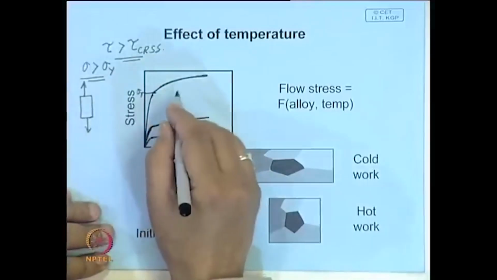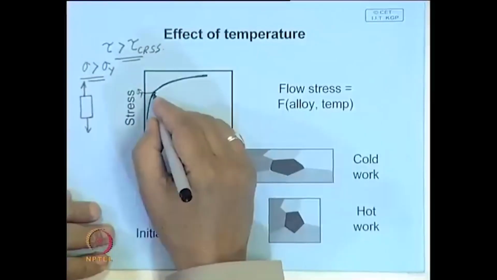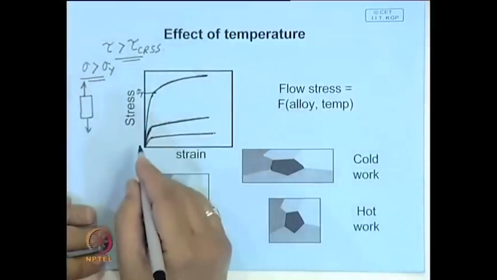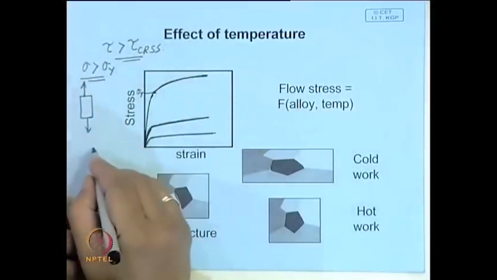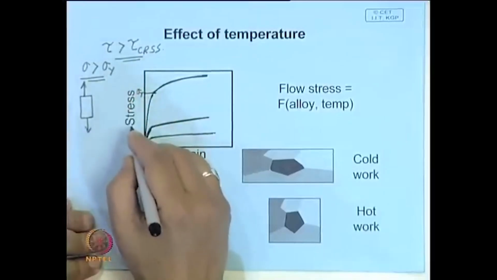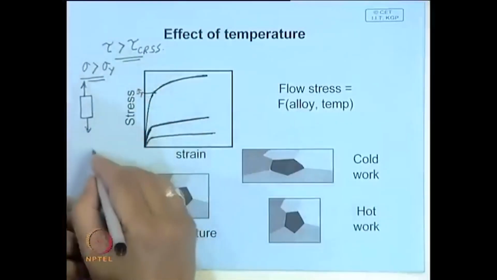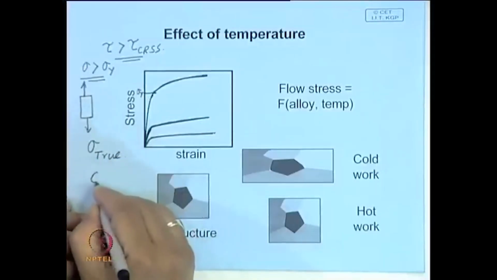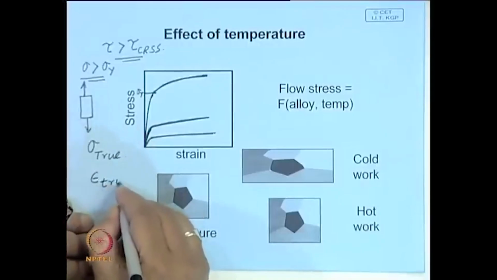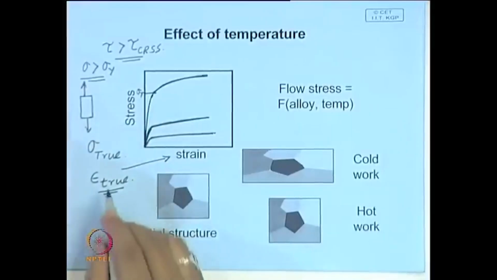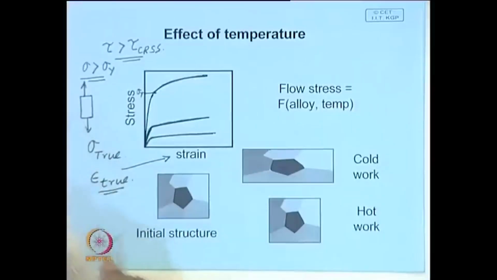The strain here is therefore better defined not as engineering strain but as true strain. So, for metal working we often deal with true stress, where sigma is true stress, and epsilon is true strain, and these were defined in an earlier lecture.